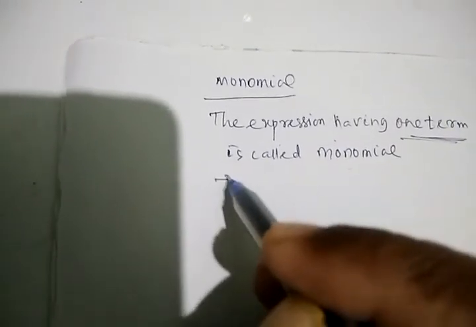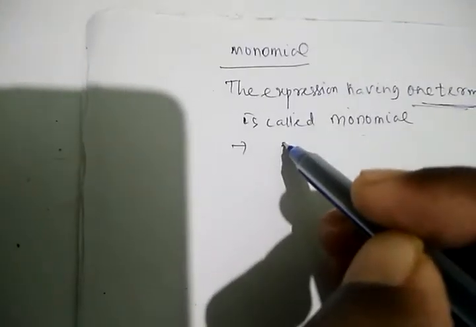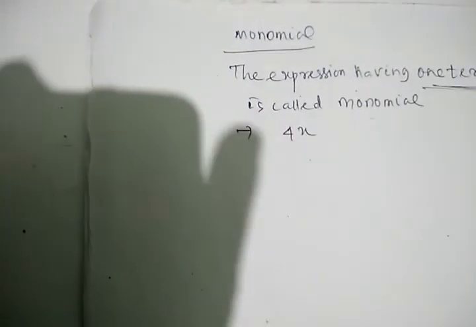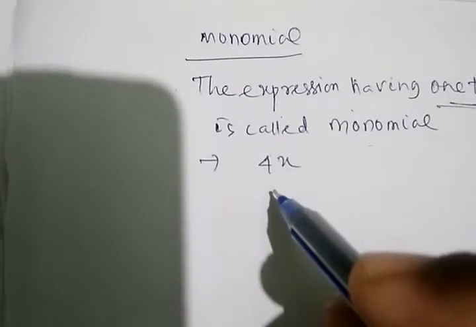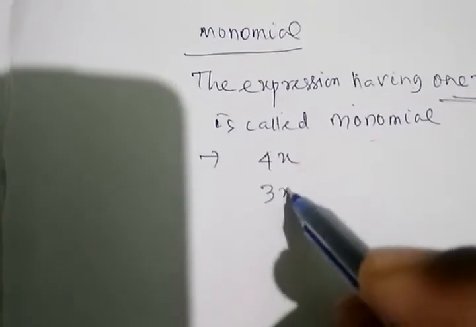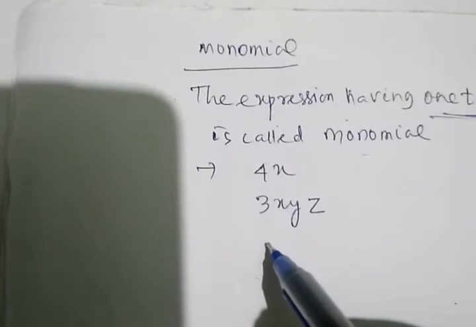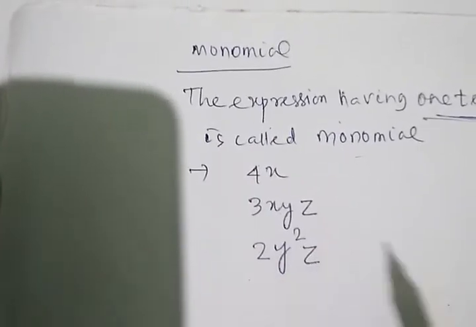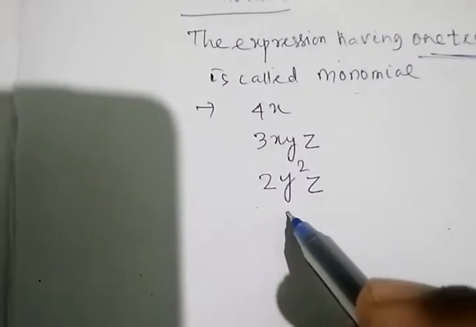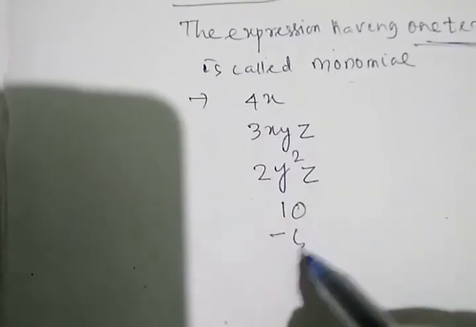For example, you see 4x, 3xyz, 2y² z, and the next is 10, minus 5.